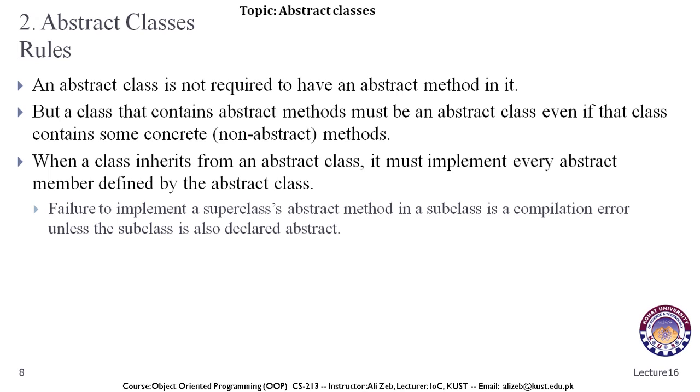If we inherit from an abstract superclass, we need to implement every abstract method of that superclass, or we will need to declare the subclass as an abstract class, which will in turn have its own subclass, and that subclass will need to implement the abstract method of its superclass.